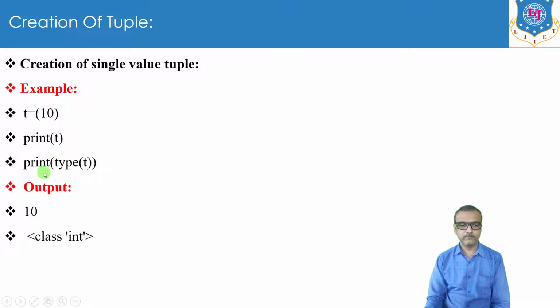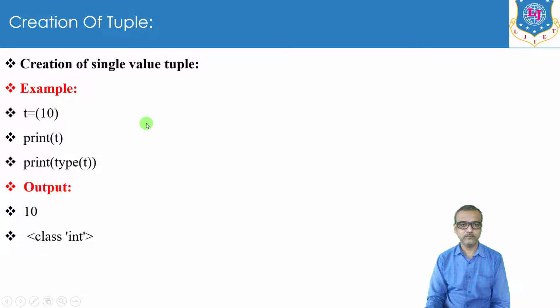Print of t, then print of type of t. So what will be the output in this case? Print of t will give us the value 10 and print of type of t will give us the class int.